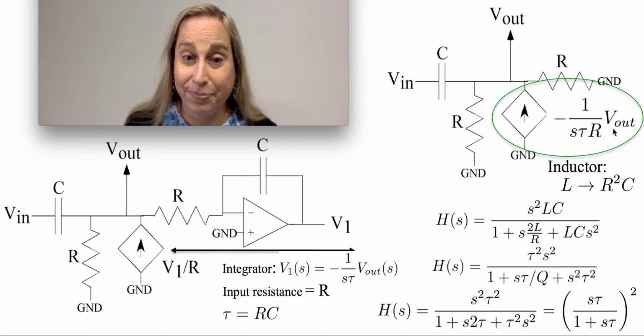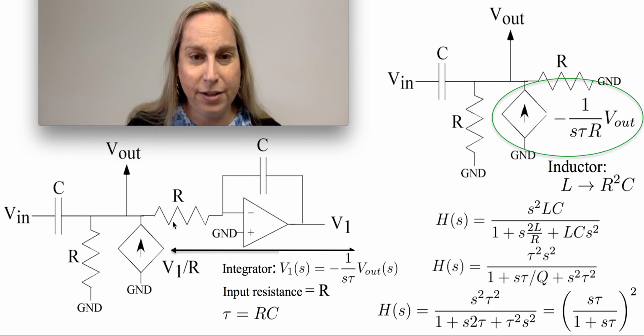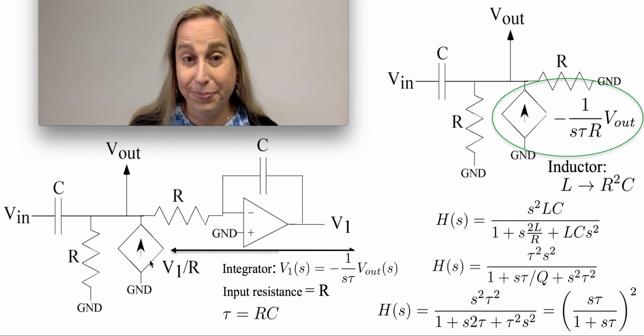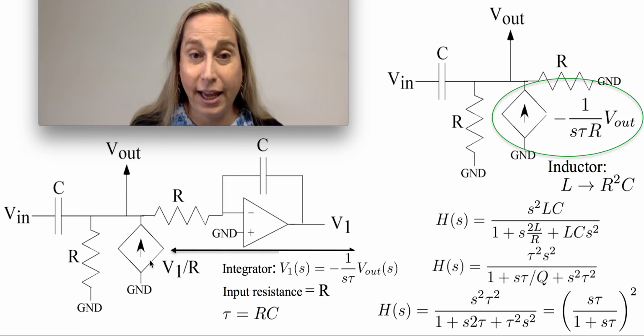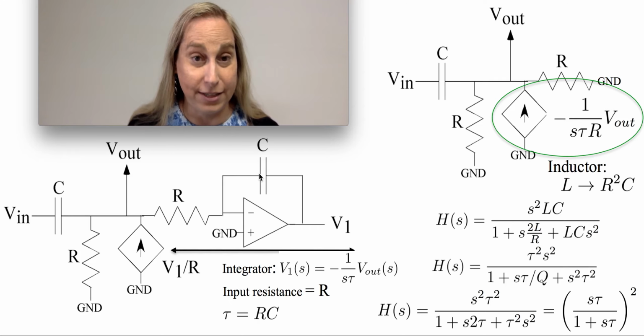So what happened? This interesting topology of having an integrator going into a current source, this kind of loop, is called a gyrator. It's a very interesting circuit that basically says, let me take a state holding element, in this case this capacitor, and effectively invert the state variable part of its impedance. Where the impedance of a capacitor is 1 over sC, it now becomes an impedance that's proportional to s.